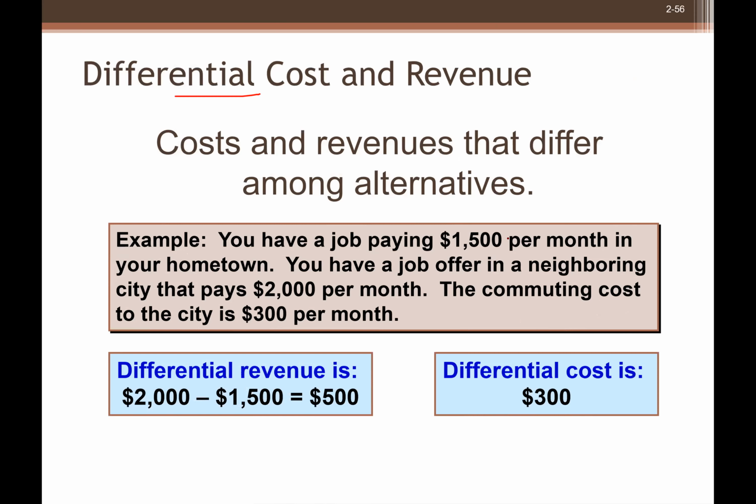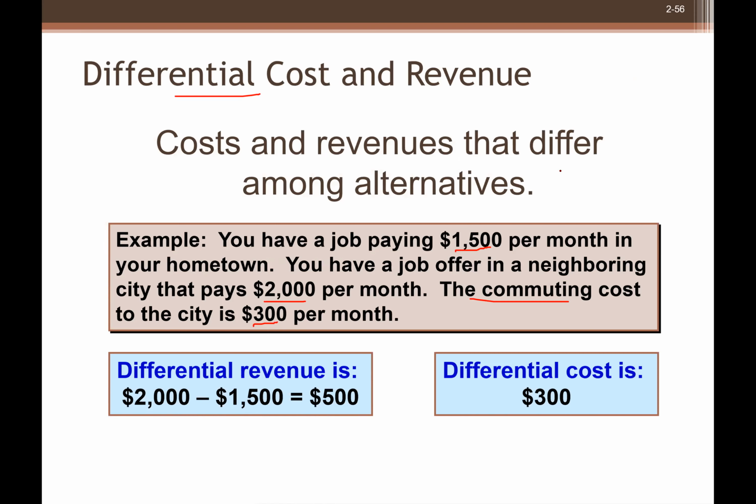For example, you have a job that pays you $1,500 a month in your hometown, and you have a job offer in a neighboring city that pays you $2,000 per month, and the commuting cost is $300. So what is the differential cost? You see the difference is the benefit and the cost.